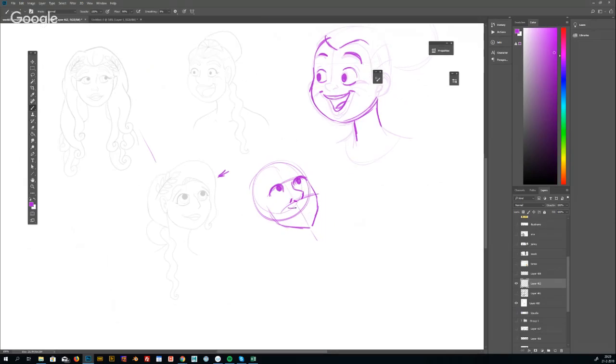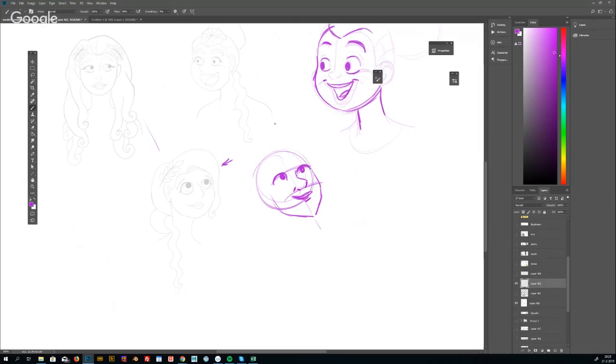But then you see how I'm constructing. So I start with the ball and then add these lines. So that helps. And I'm thinking about those shapes going around it.